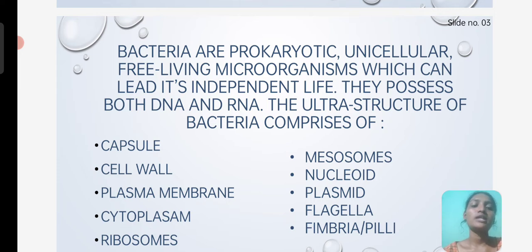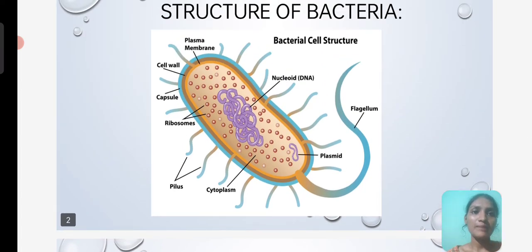So coming to capsule, which is present outside of the bacteria. The study of bacteria is called bacteriology. So coming to the parts and their main functions which are helpful in the bacteria.